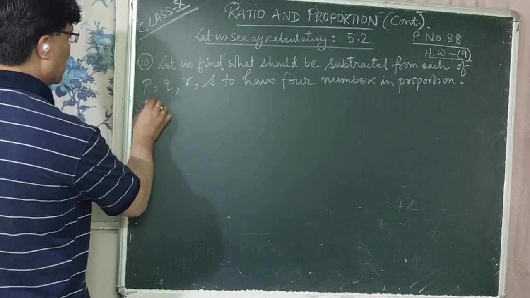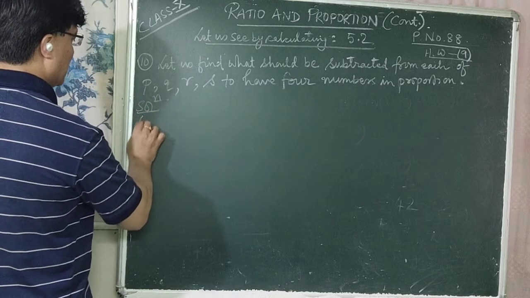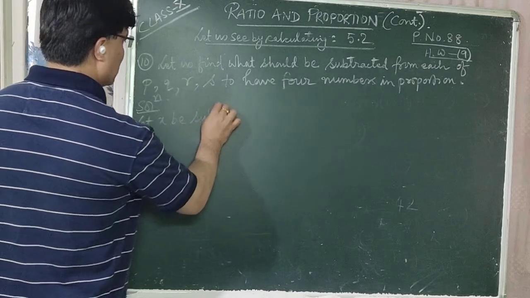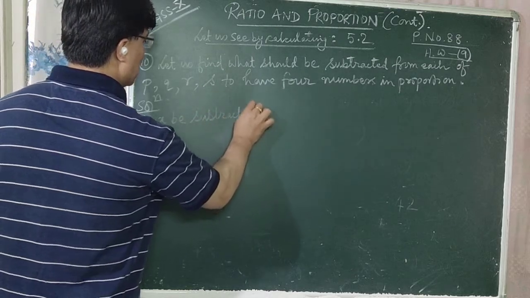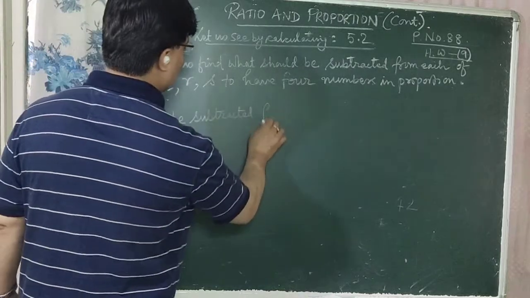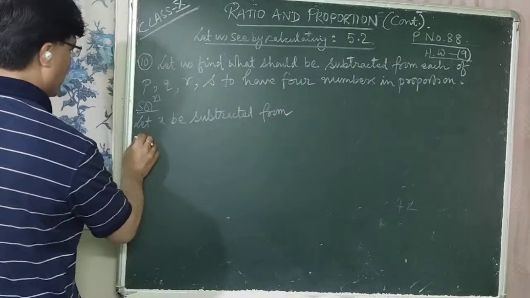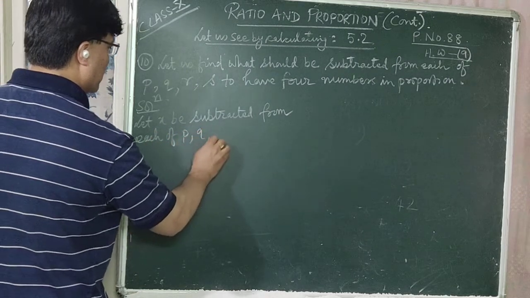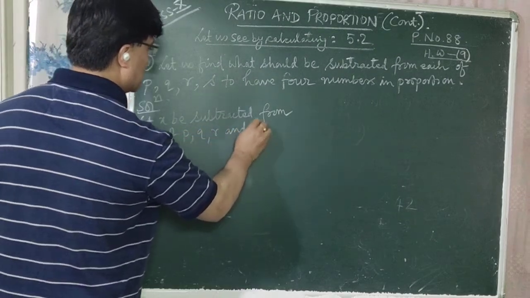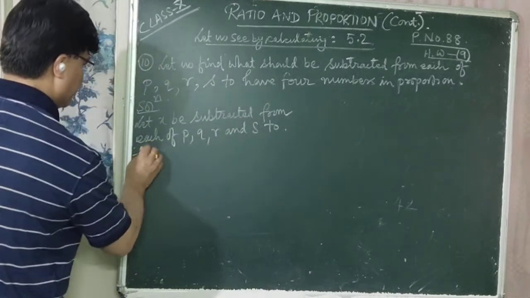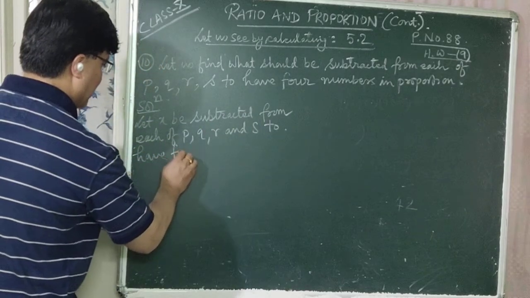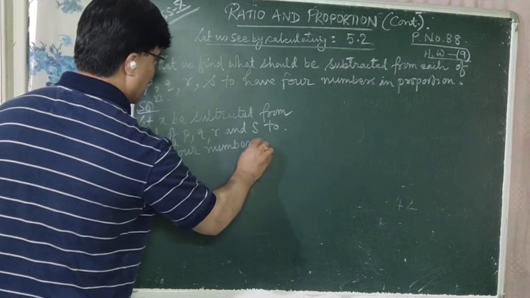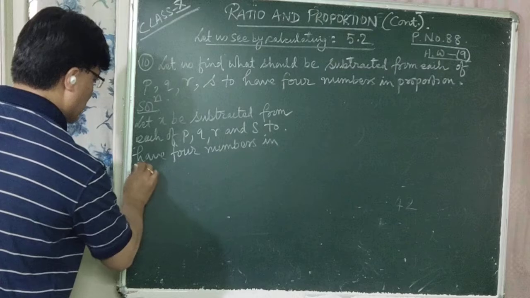So this is the solution now. Let x be subtracted from each of P, Q, R and S to have four numbers in proportion.